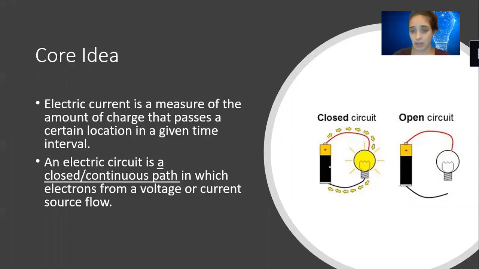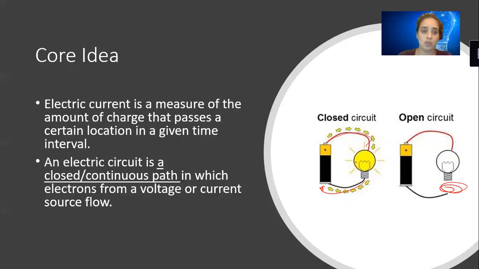Right? So in all of the examples that we saw today, the battery is considered a voltage source. That was explained a little bit again in the classwork reading that we're going to be delving into more tomorrow. And then the circuit has to be closed in order for electricity to flow. If it's open, then it's considered an open circuit and there won't be electricity.